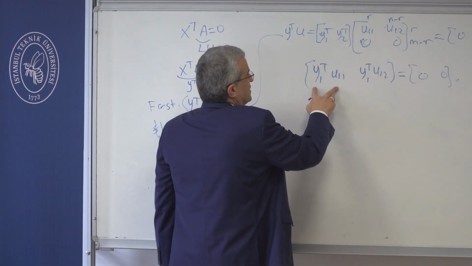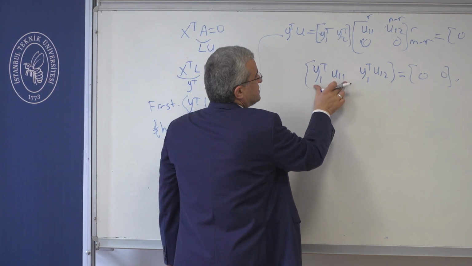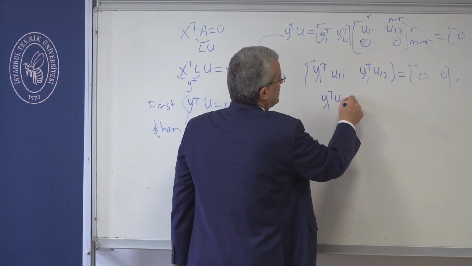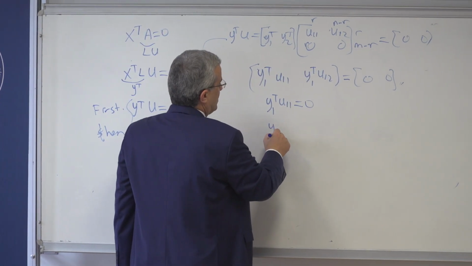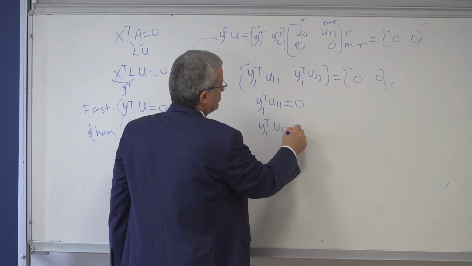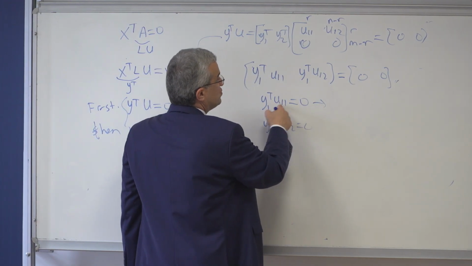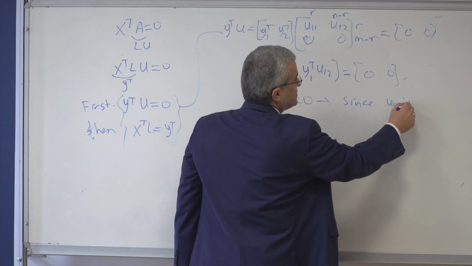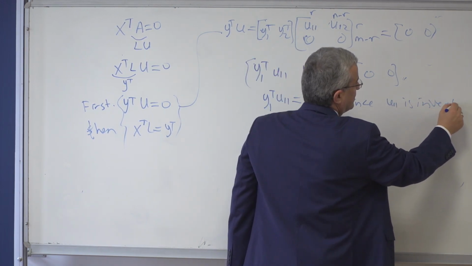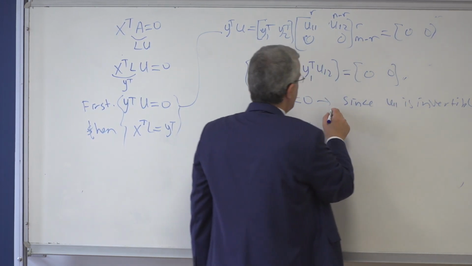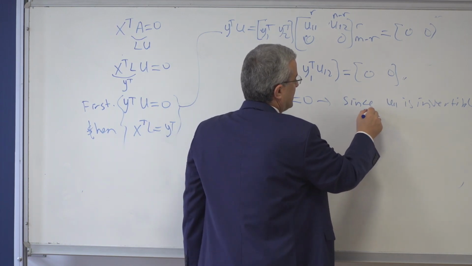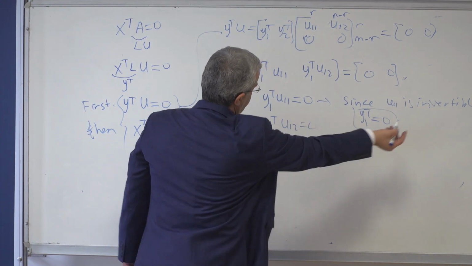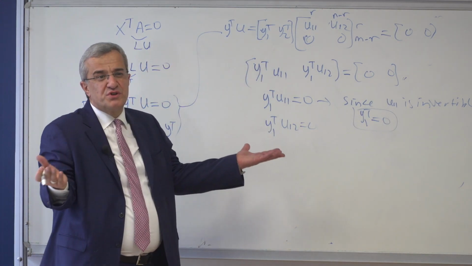So this will give you two block equations. Y1 transpose U11 is equal to 0. Y1 transpose U12 equal to 0. From here, since U11 is invertible, you have Y1 transpose is equal to 0. And that becomes 0. So there is no condition on Y2.